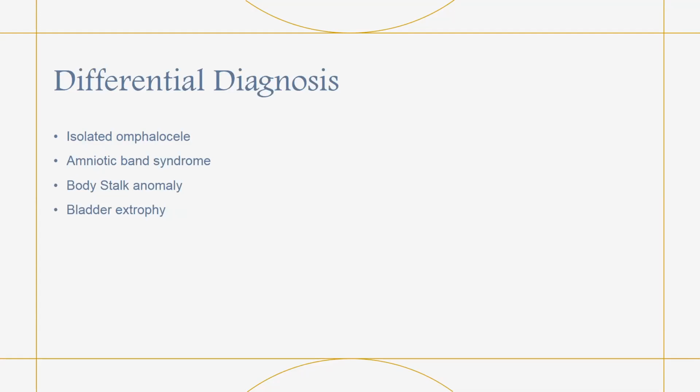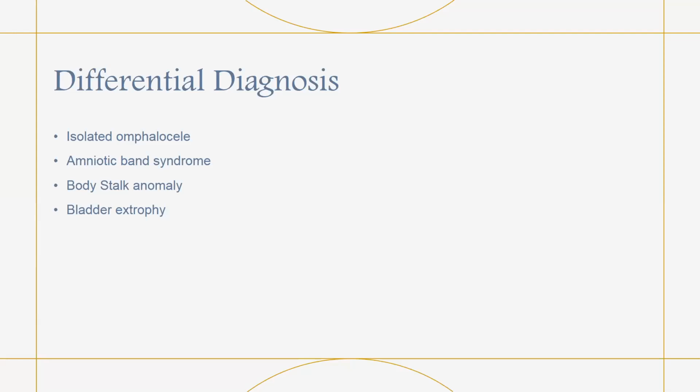So the differential diagnosis, always important. What is this specific case going to do for maybe the general OB or somebody that's listening here? I suppose whenever we see an isolated omphalocele, it's always important for these kiddos to have that targeted anatomy scan to look for additional defects. But certainly it could be just an isolated omphalocele.